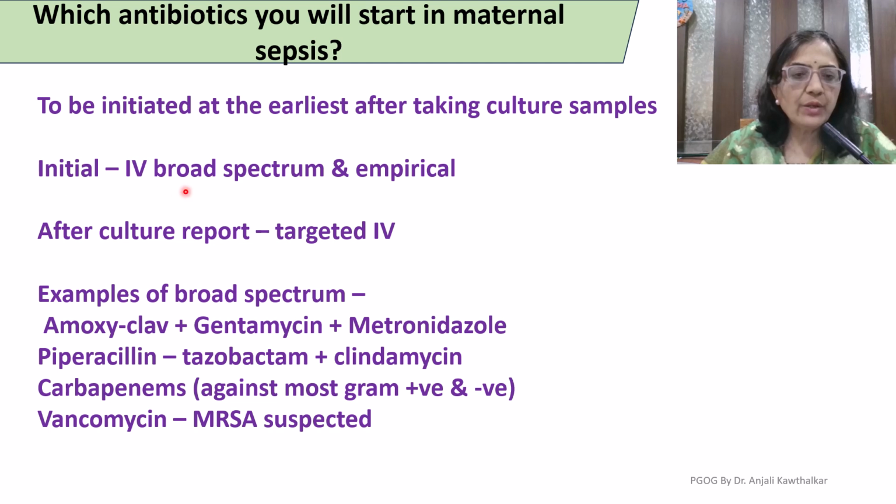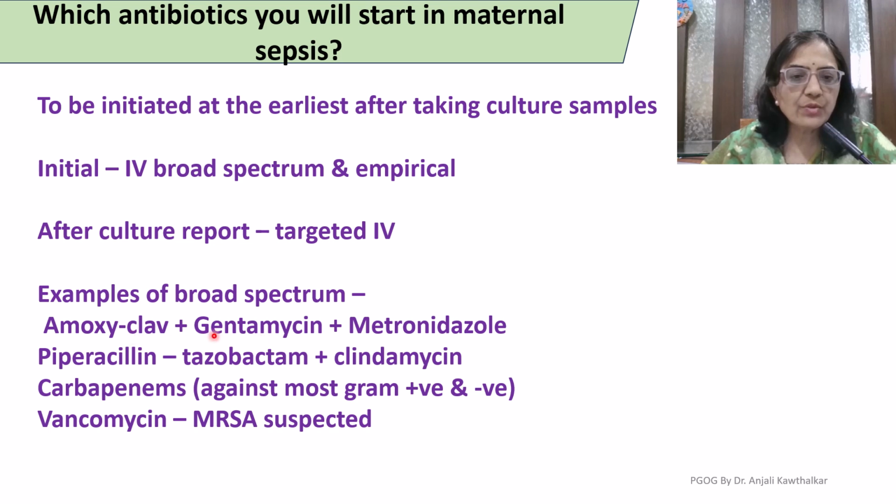Initially, we give IV broad spectrum antibiotics, which are empirical. And once we get the culture report, then targeted intravenous antibiotics are to be given. Examples of broad spectrum are amoxicillin clavulanic acid combination along with gentamicin.